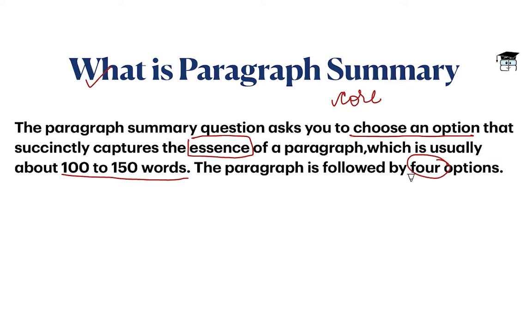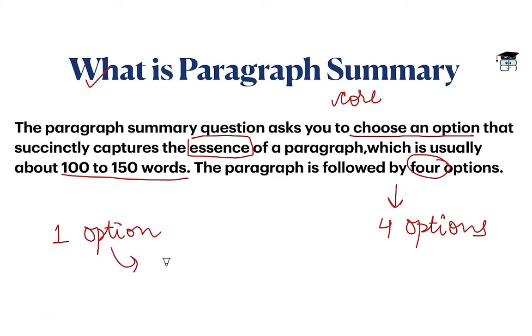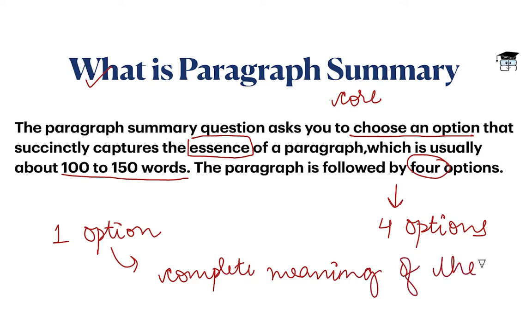Okay, that means that you will be given 4 options and you have to choose one option that signifies the complete meaning of the paragraph, right? This option would be your answer. I hope you're clear with the format and what paragraph summary actually means, right?